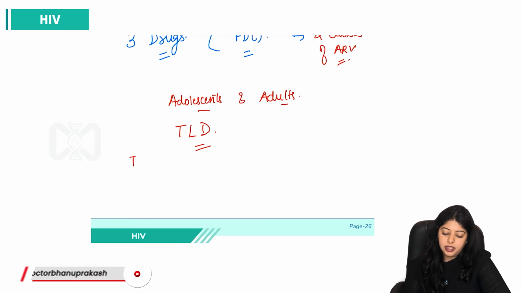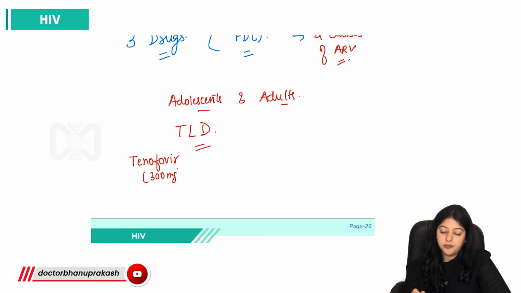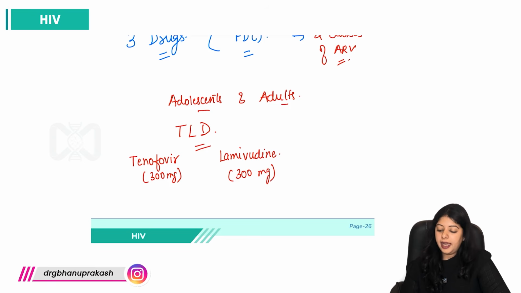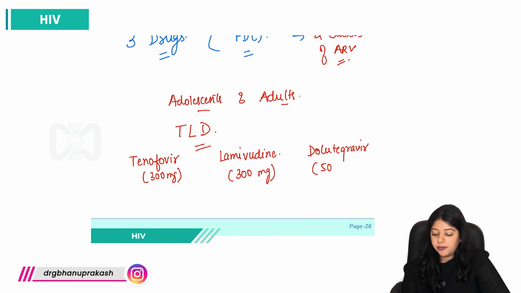That is tenofovir 300 mg, lamivudine 300 mg, and dolutegravir 50 mg.